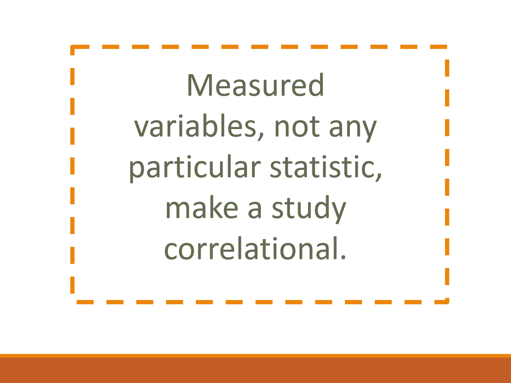So just a quick reminder, measured variables, not any particular statistic, make a study correlational. What determines whether a study is a correlational study is simply how the variables were measured. If it's a bivariate correlation, that means that we have two variables, and either both of them are quantitative, or one of them is quantitative and one of them is categorical with two levels.